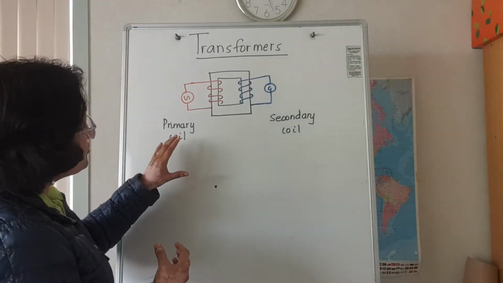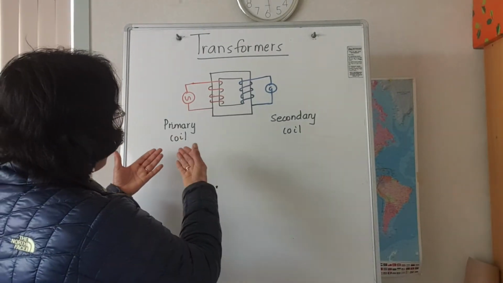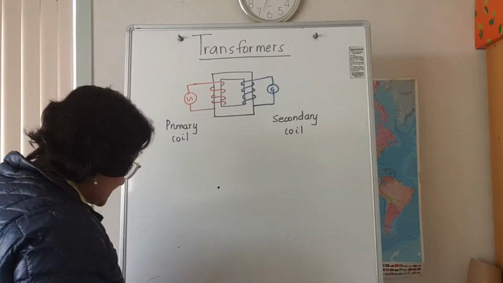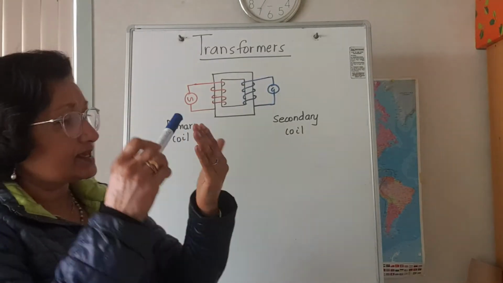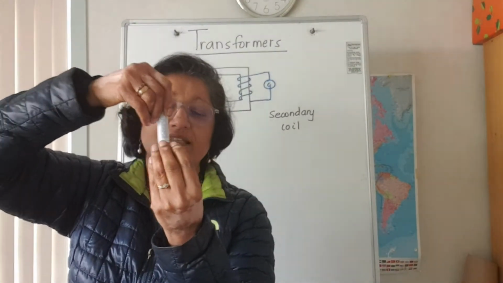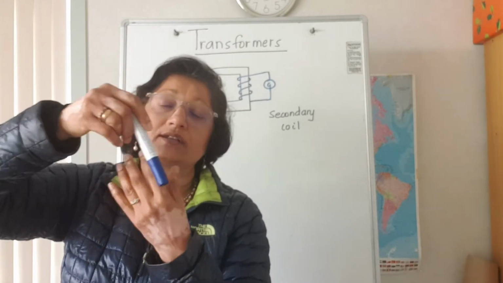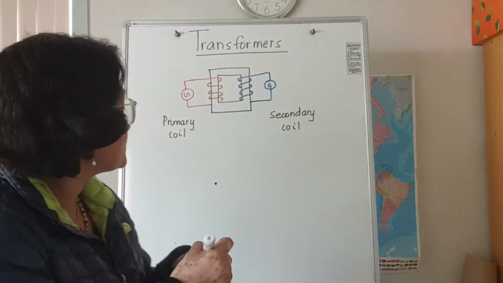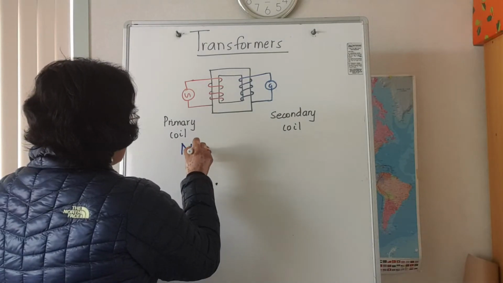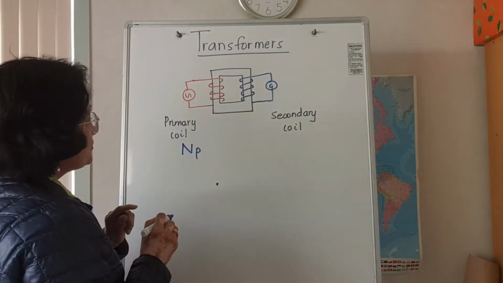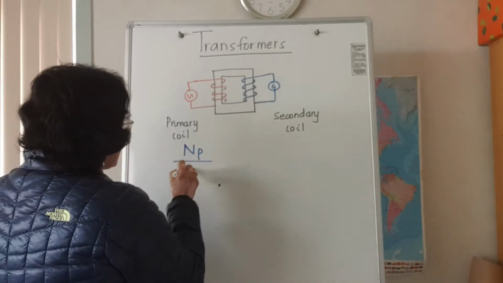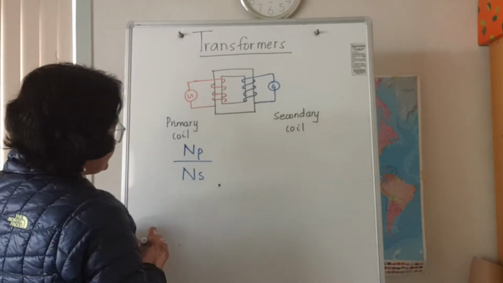So how do we know the voltage in one and how does it compare to the other? Every time you wind a coil around something, each loop is called a turn. Let's say for the primary coil the number of turns is NP, and the number of turns of the secondary we'll call NS.